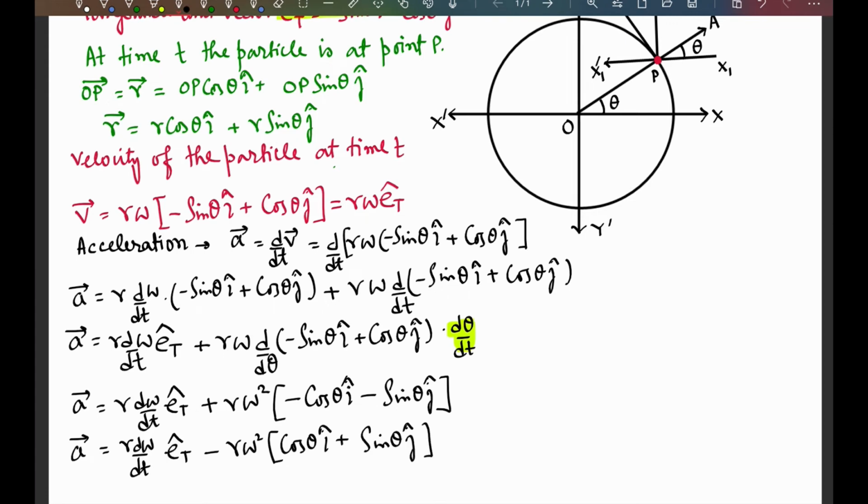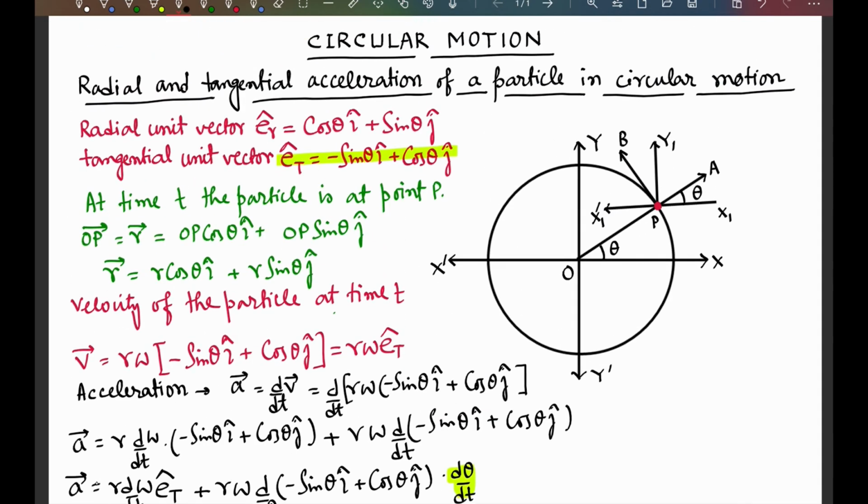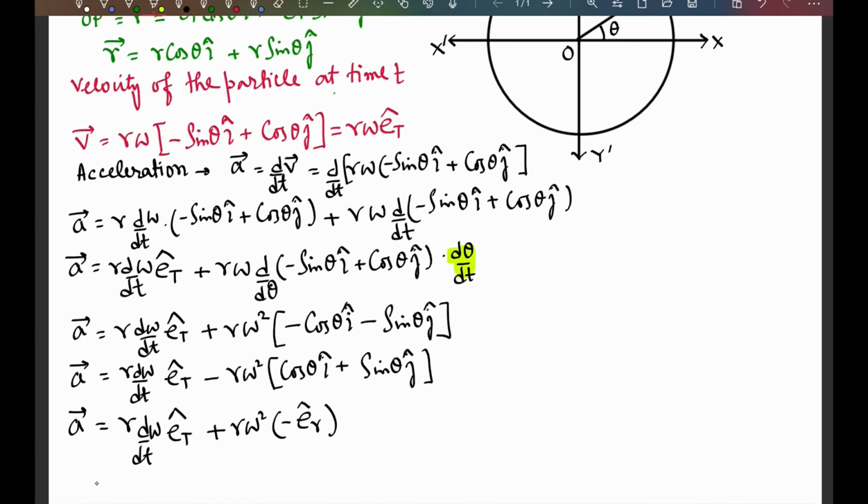Therefore, this is A equals R d/dt of omega e_t cap plus R omega square. This is unit vector along radius. So this is e_r cap, which is cos theta i cap plus sin theta j cap. Therefore, here this is minus e_r cap.